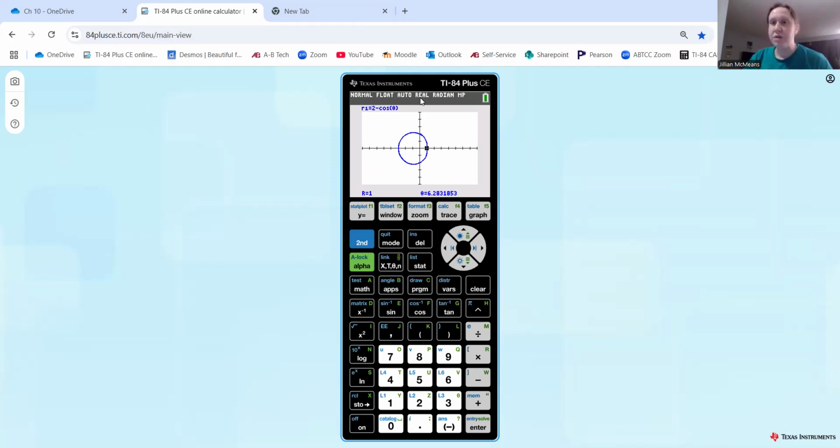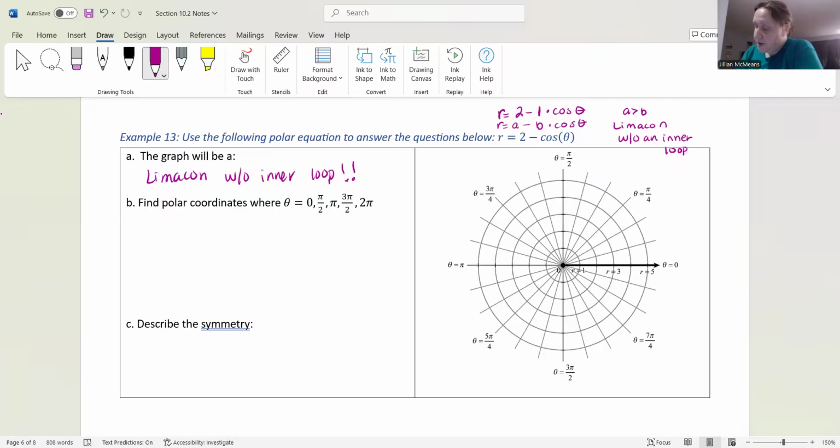Okay, so let's go back to the worksheet. I'm going to fill in these values, then we'll sketch our graph. Okay, so we checked when theta was 0, and we got that R was 1. We checked when theta was pi over 2, and we got R is 2. We have 3 comma pi. We have 2 comma 3 pi over 2. And then finally, it took me forever, but we've got 1 comma 2 pi. Okay, so let's see. At 0 radians, we go out 1.